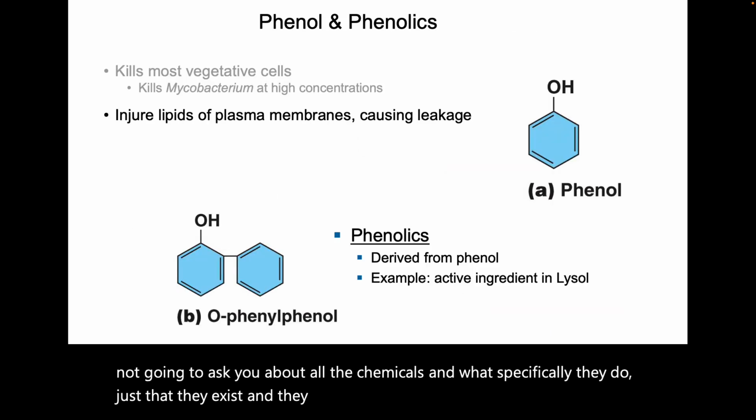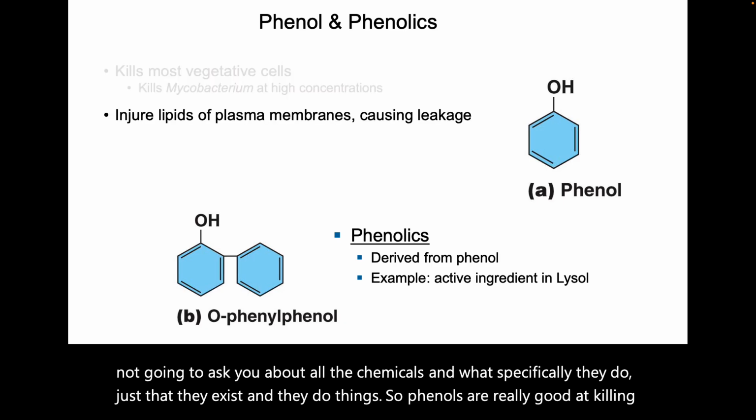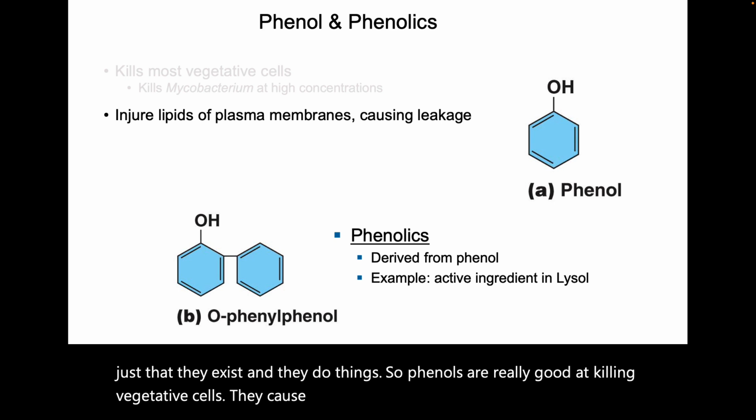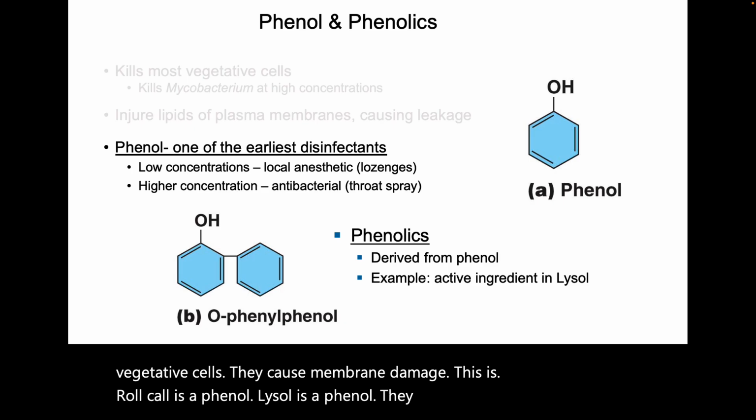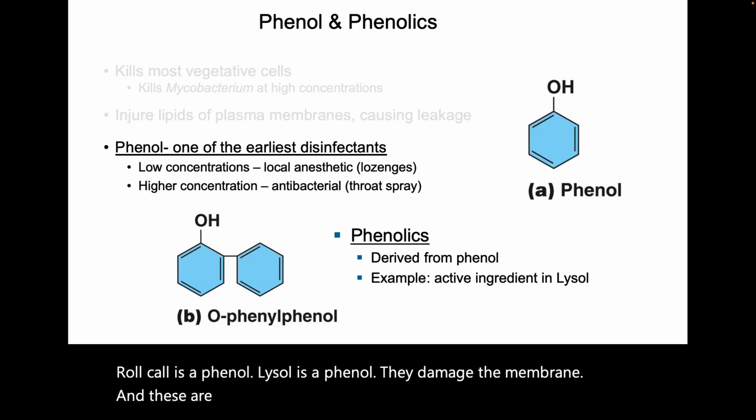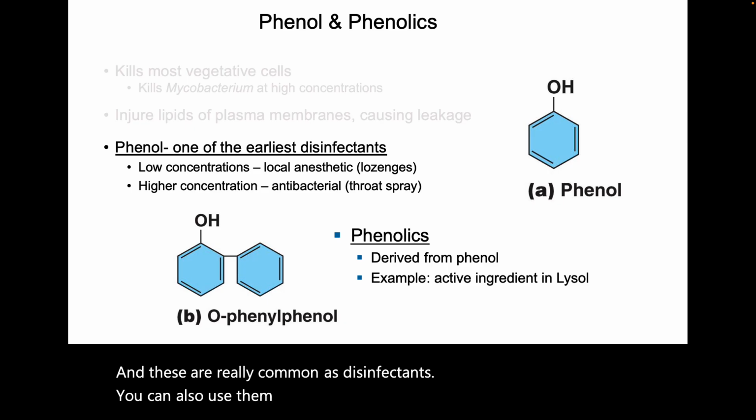So phenols are really good at killing vegetative cells. They cause membrane damage. Rocol is a phenol, Lysol is a phenol. They damage the membrane. And these are really common as disinfectants. You can also use them as antiseptics at pretty low concentrations.